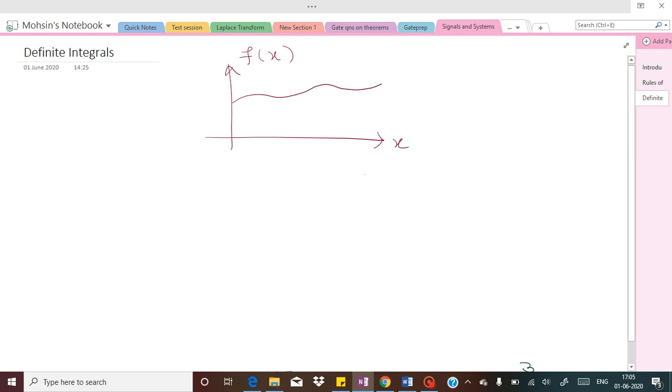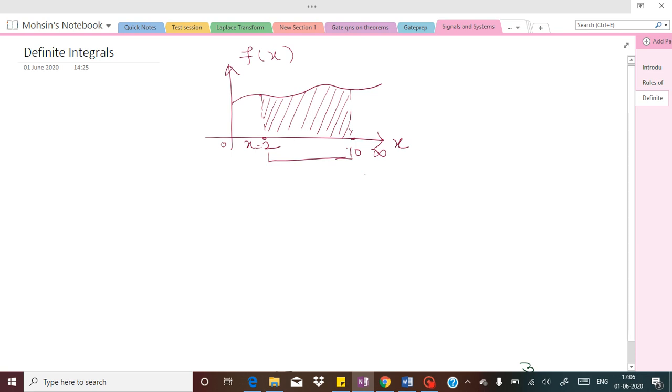If you want to obtain the integration of this within a particular limit, say it starts from 0 and goes up to infinity, but I want to obtain its value between known limits, say from 2 to 10. Then that much we are going to evaluate, and after evaluating the integration over the instants between 2 and 10, we are going to get the area under the curve between x equal to 2 and x equal to 10. So that is called a definite integral.